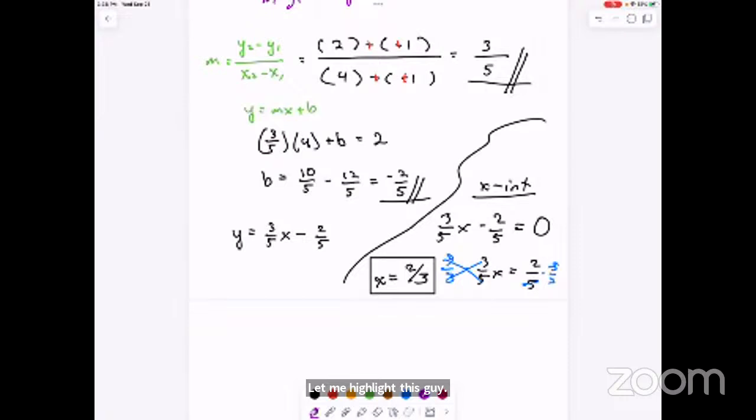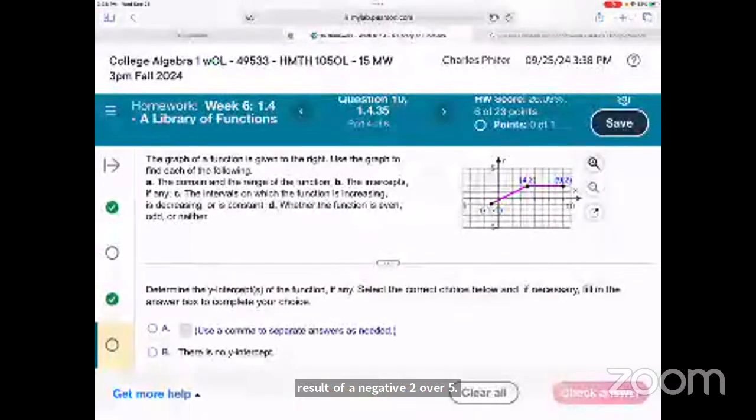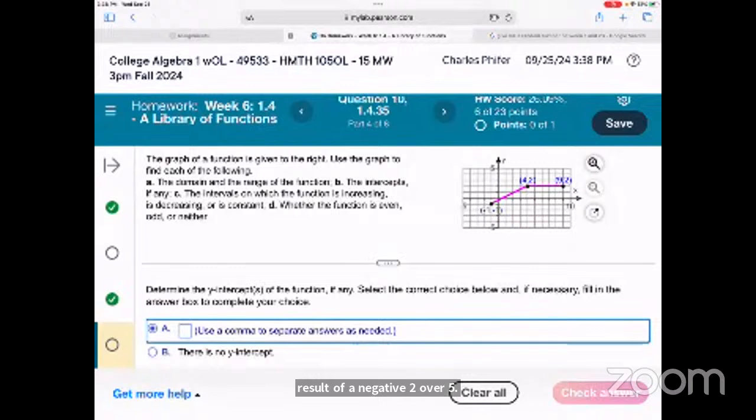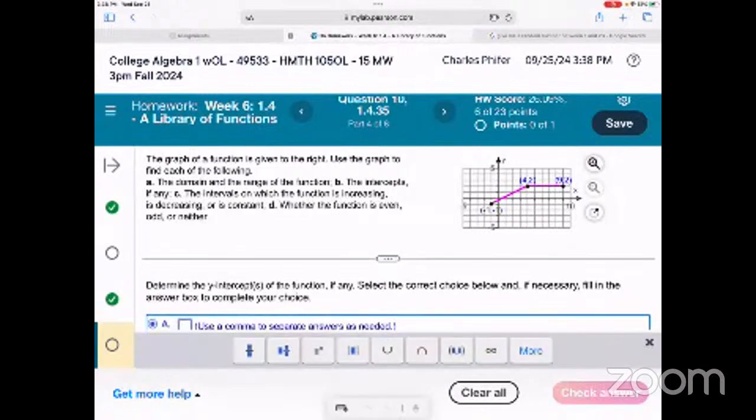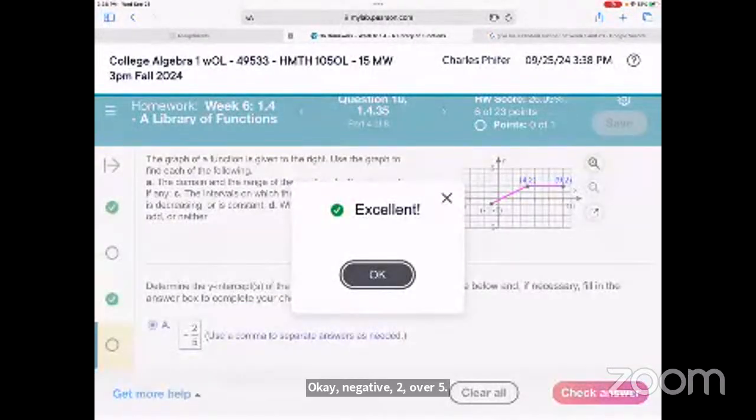So if we want the y-intercept, we set x to 0, and we'll get a result of negative 2 over 5. Okay, negative 2 over 5. Let me see. We still have a few more minutes.